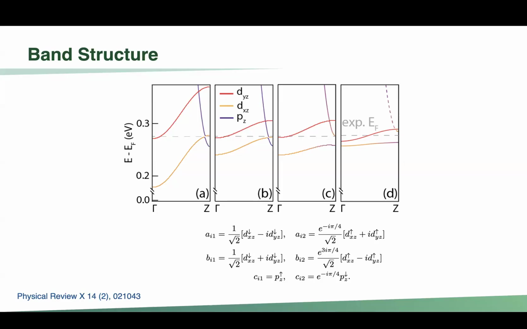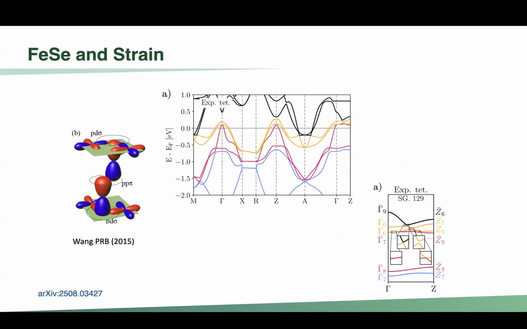Okay, so DMFT calculations can reproduce this. With DFT, we can understand the gap and the symmetries, but there are some renormalizations we cannot reach.